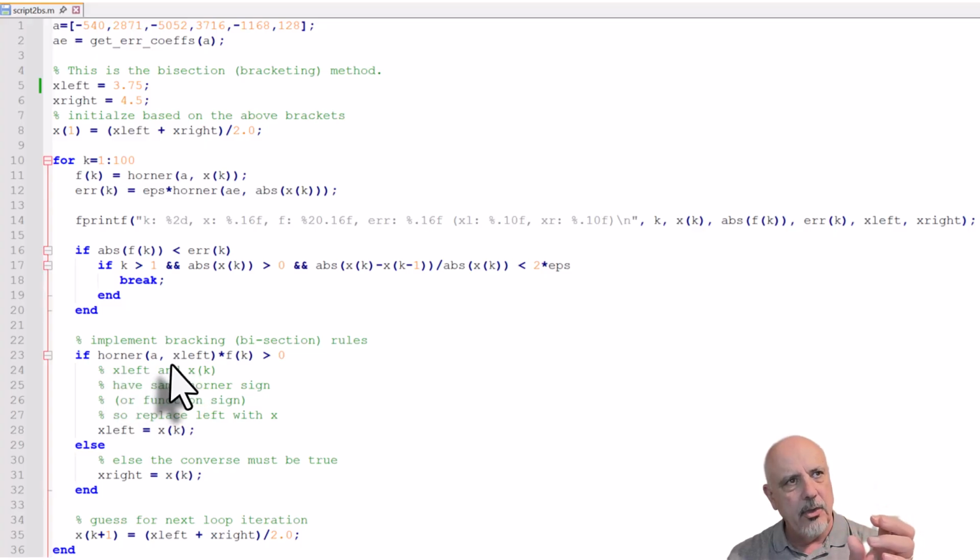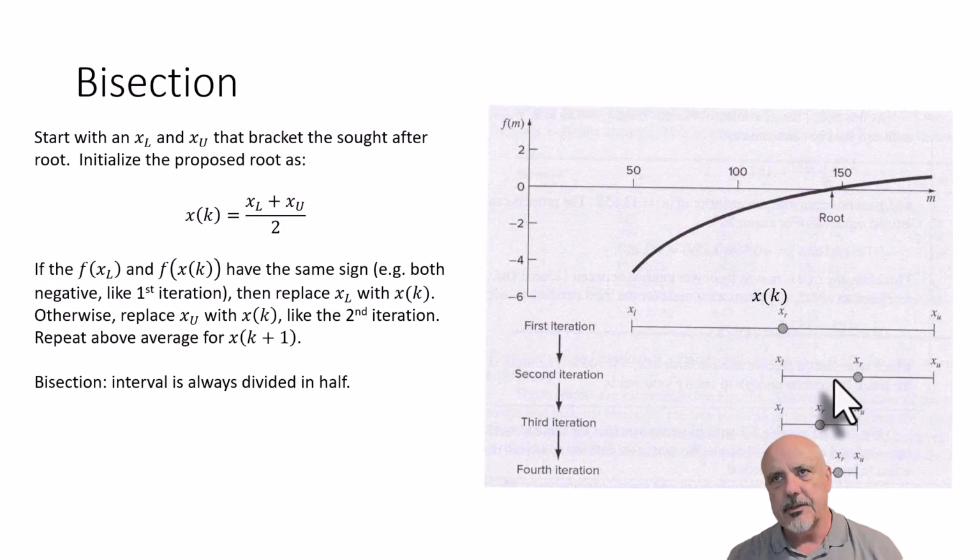If its value times the current polynomial value is greater than 0, that means the left and the x_k have the same sign; the polynomial values will have the same sign. In that case, I'm going to replace the left with the x of k. Otherwise, I'm going to replace the right with the x of k. And that's all it is in the bisection. That's what we went through, stepping through the little example there.